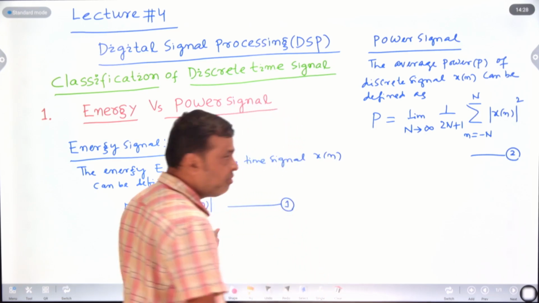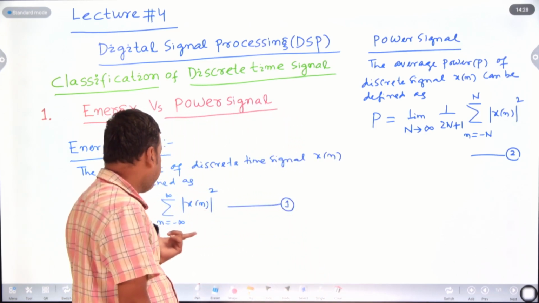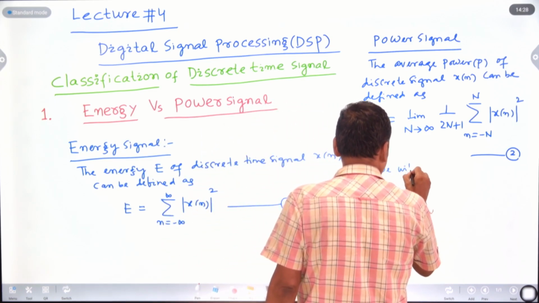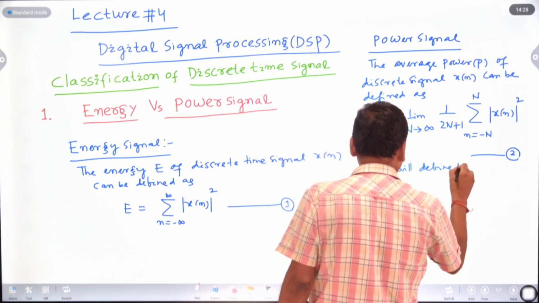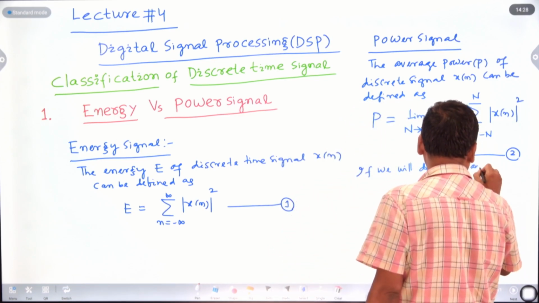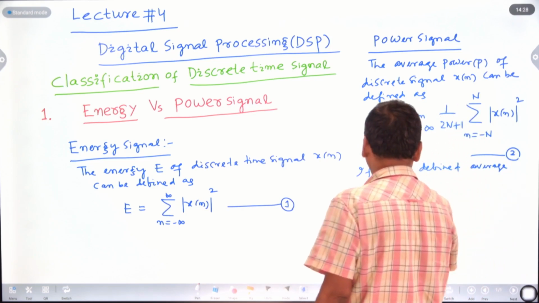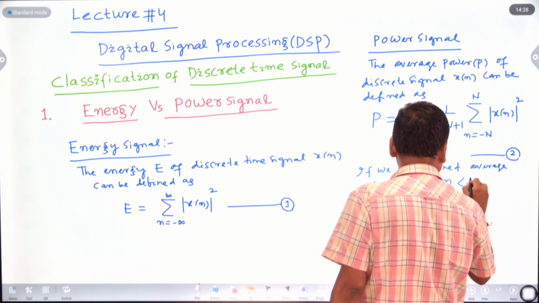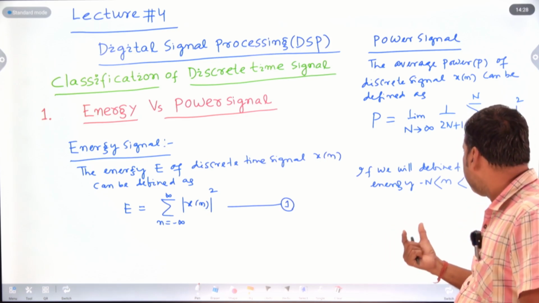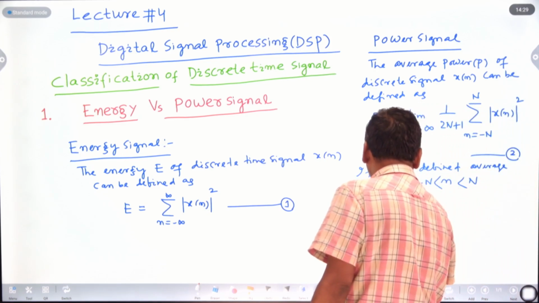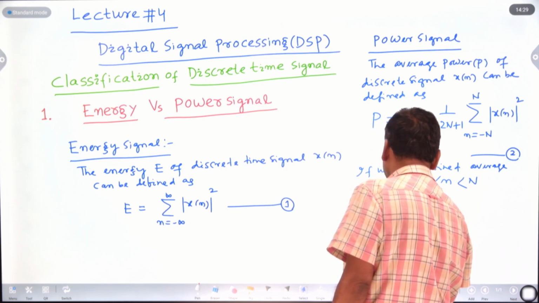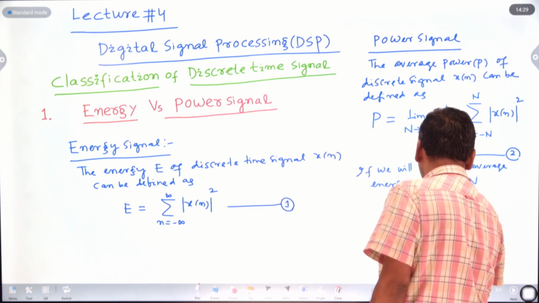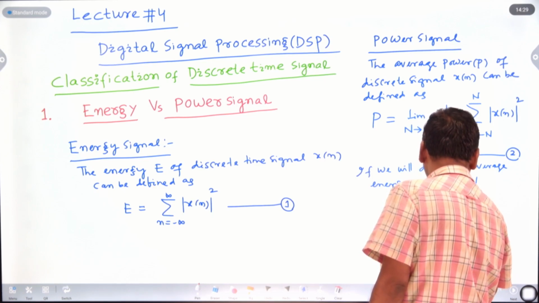If we define the average energy for a certain period, that is, for n greater than or equal to minus N and less than or equal to N, there is some interval minus N to N, then E can be written as sigma n equal to minus N to N of |x of n| squared.